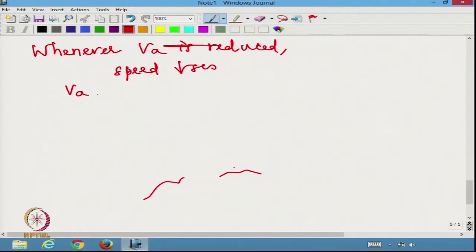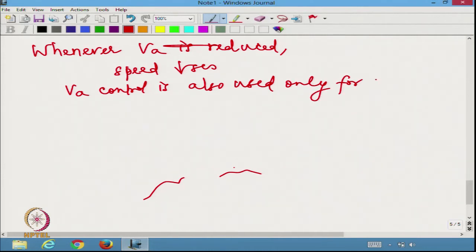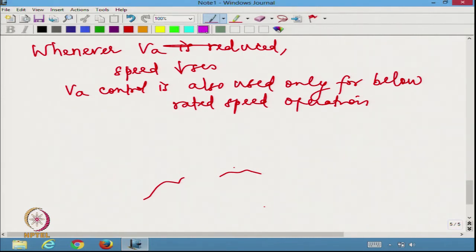So, VA control is also used only for below rated speed operation. Now, if I am talking about below rated speed and IA restoring to its original value, torque capability remains the same.